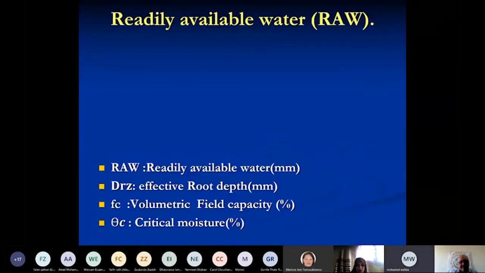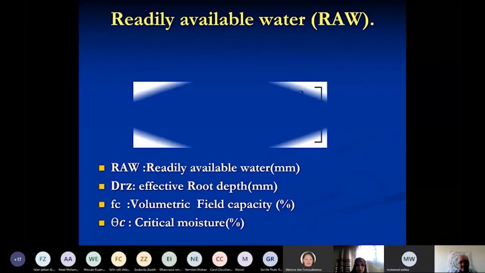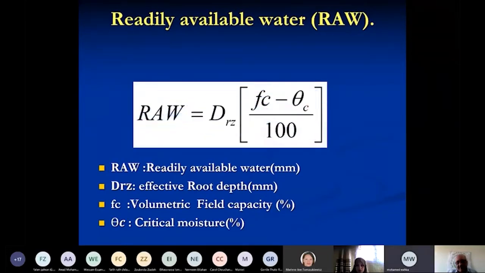The second thing, we need to know what we call readily available water. Readily available water is defined as the soil moisture between field capacity and critical moisture. So critical moisture is moisture higher than the wilting point and less than field capacity.